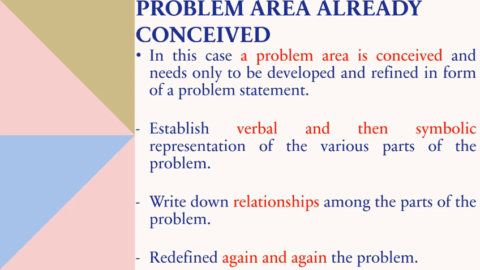As I mentioned previously, research is a systematic process but not linear. It is actually a spiral process whereby you make forward and backward movements. So in the process of formulating your research problem based on what has already been conceived, you'll have to always again and again define and redefine the problem until it becomes very sensitive.